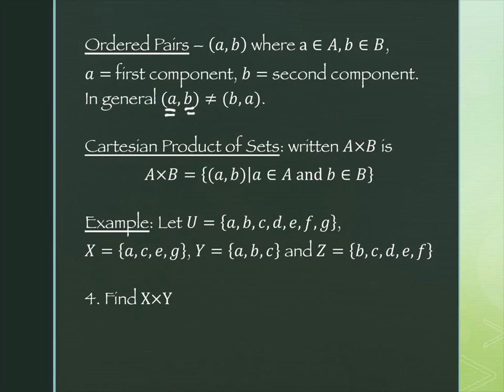So what that means is that I take the first element in X, that's an A, and I join it with the first element in Y, happens to also be an A, and it creates the ordered pair AA.